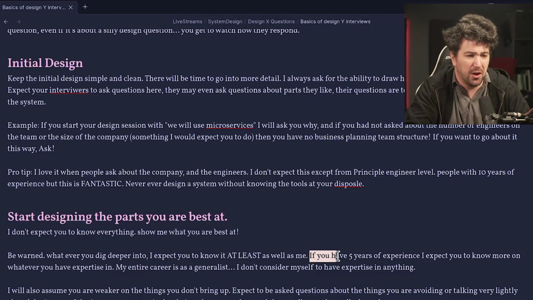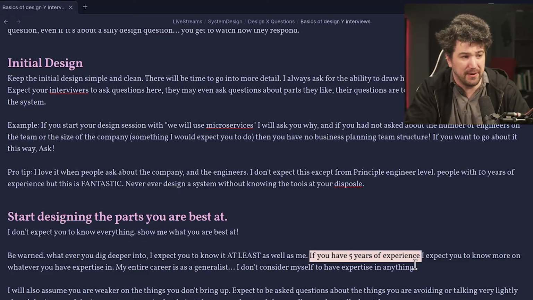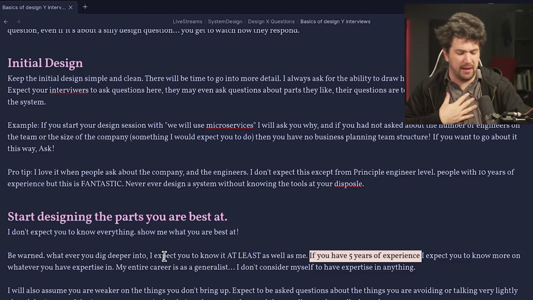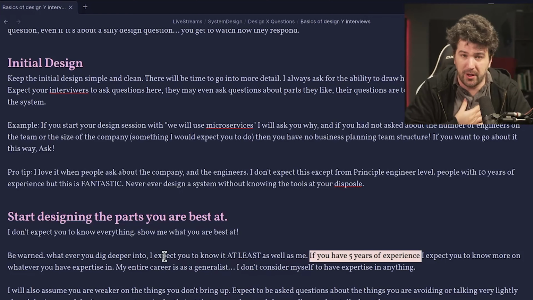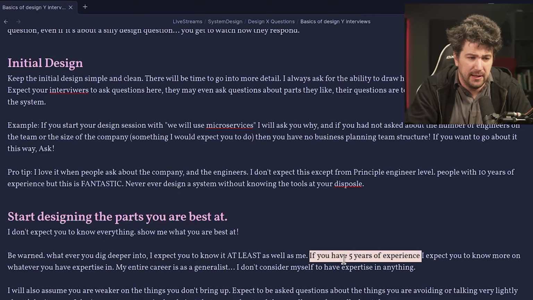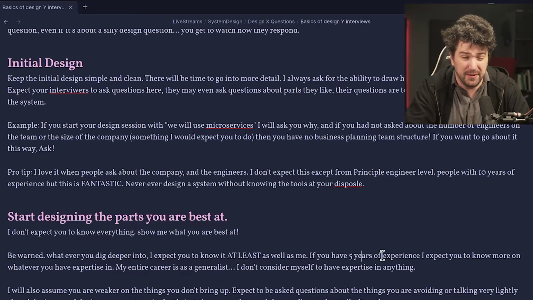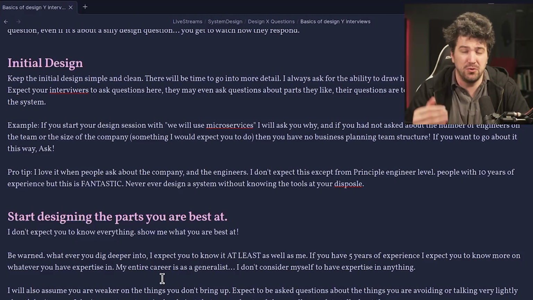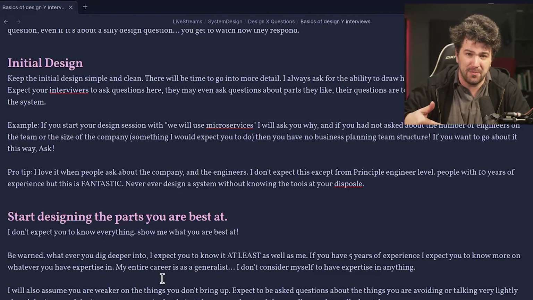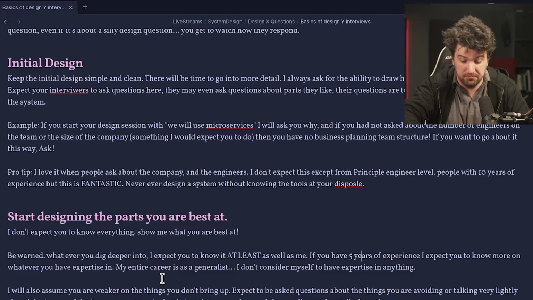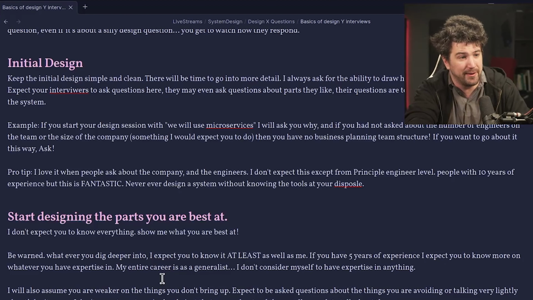Also, if you say that you have 5 years of experience, I'm a generalist. I've always been a generalist. I probably always will be a generalist. If you say you have 5 years of experience, I am going to expect you to be an expert in something and know more than me in something. So I guess maybe that's not fair, but that is kind of how I go about it.